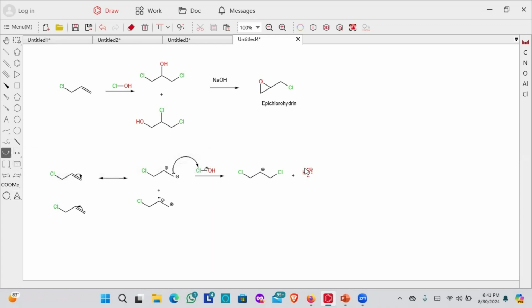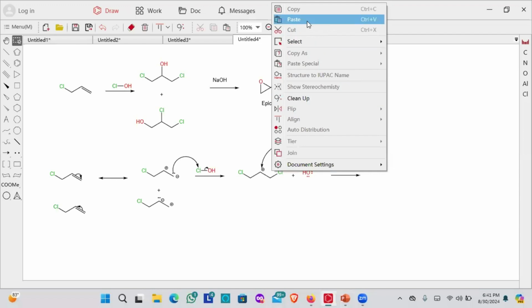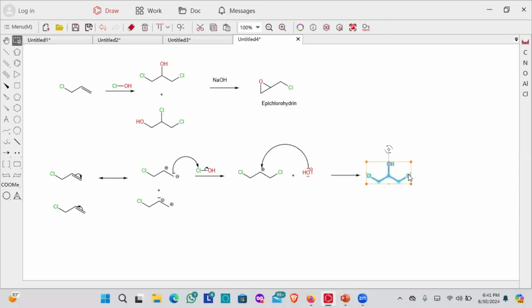And so this will happen. The electron pairs here will attack the secondary carbocation here. So we're going to end up with this as the product. Copy and paste.